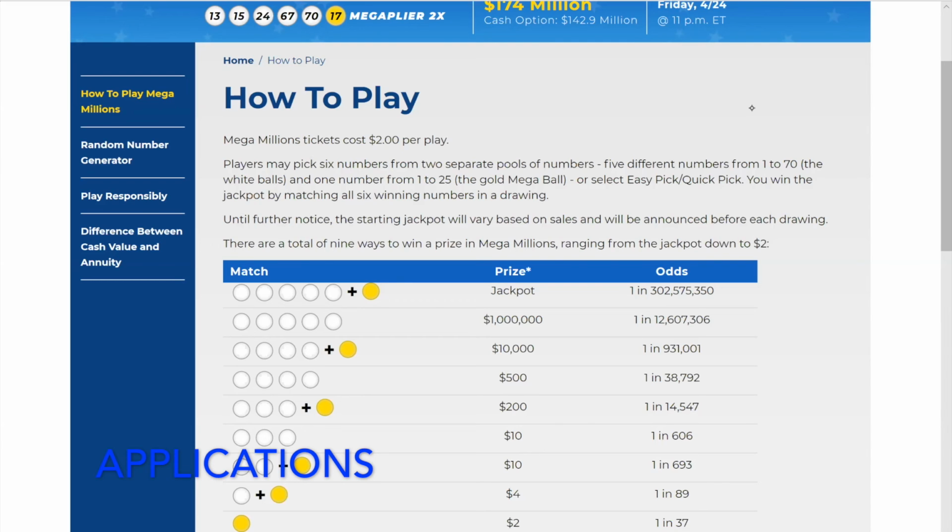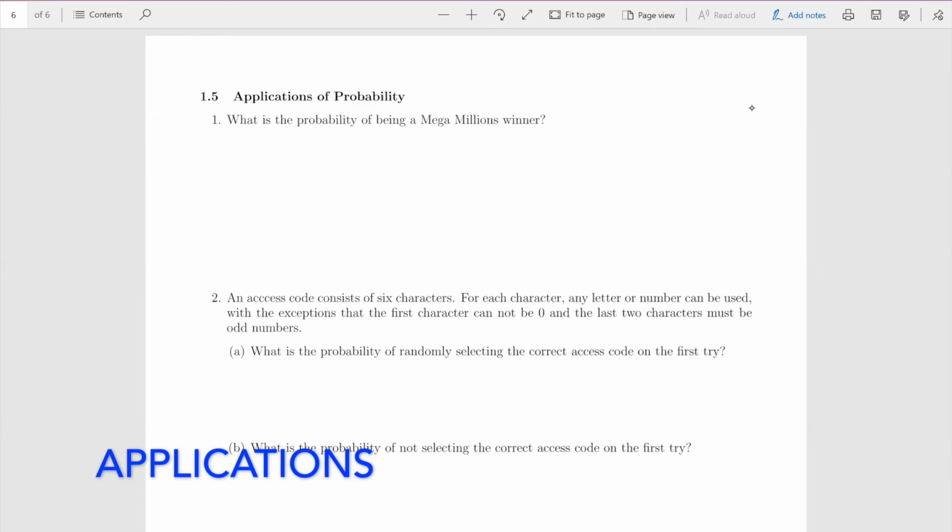You win the jackpot by matching all 6 winning numbers in a drawing. So in order to calculate the probability of being a winner, you need to match all 6 numbers. That means I can try to find the total possible numbers that can be drawn. There are 6 numbers.